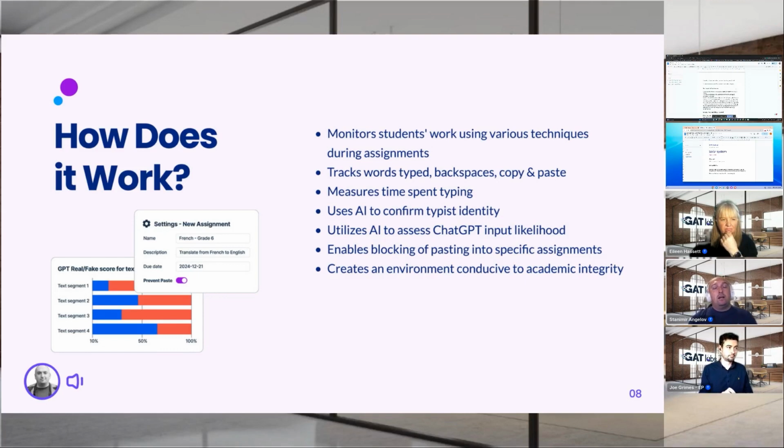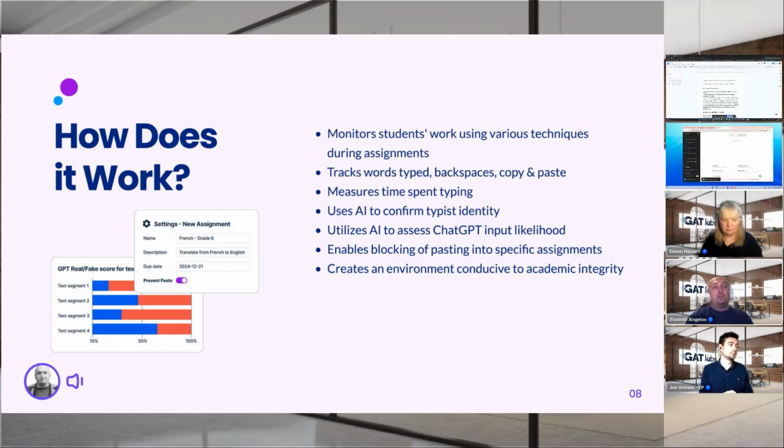It also uses an AI tool called Active ID. This is our internal AI tool, which we developed ourselves here at GAT. Active ID is used to confirm the typist's identity. It is an in-house built algorithm that measures the typing behavior of each user. It automatically learns the very distinct way of typing of each user, as everyone's typing style is as unique as their handwriting.